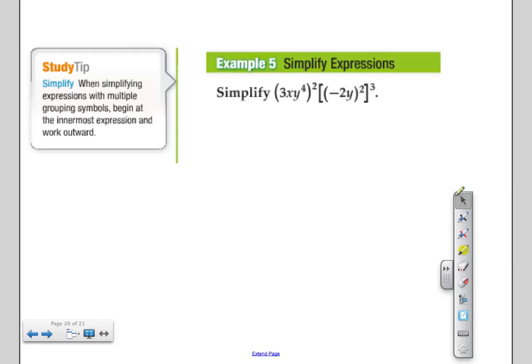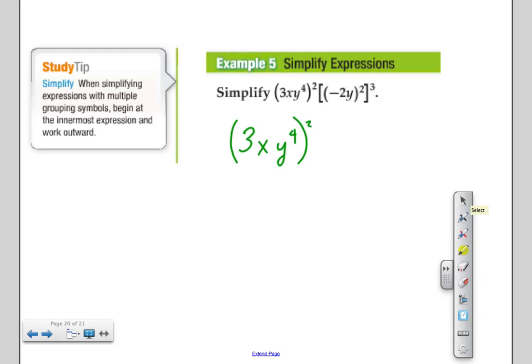Okay, let's try and simplify this expression. Again, the study tip says to go inside first, as far inside as you can get. So the first thing we're going to do is rewrite what we're not going to deal with at first: 3xy to the fourth. We'll leave that for right now.